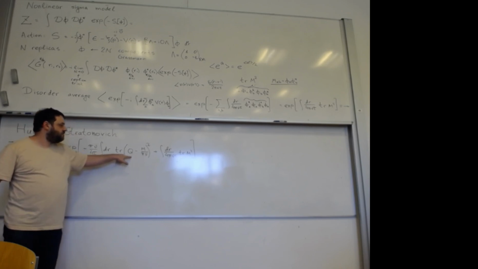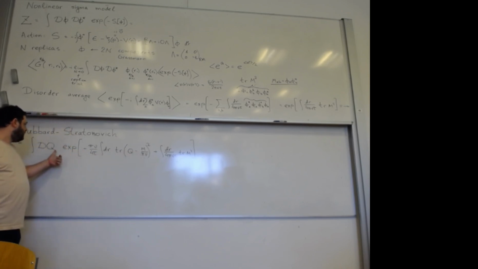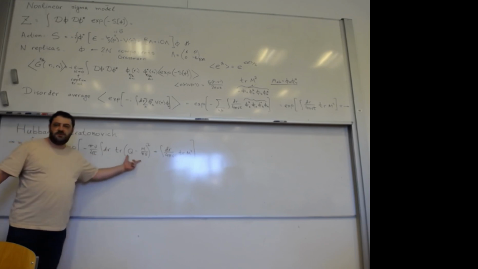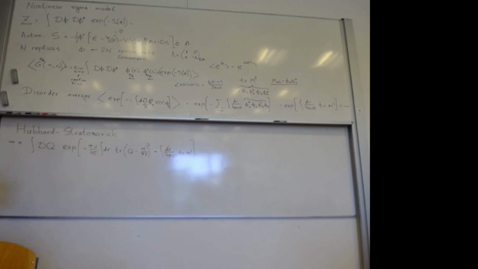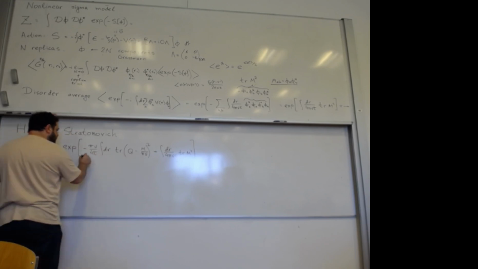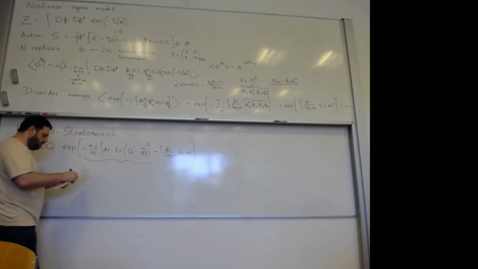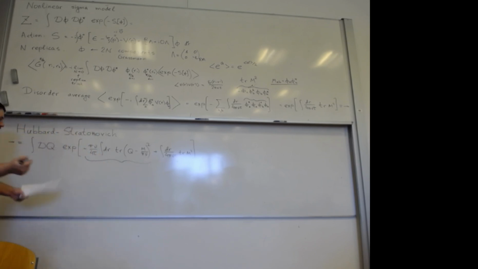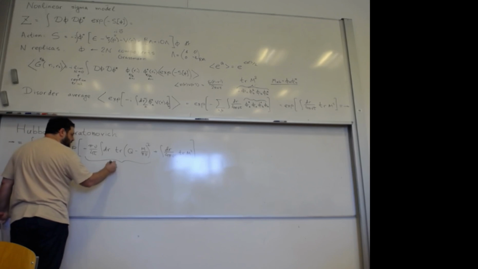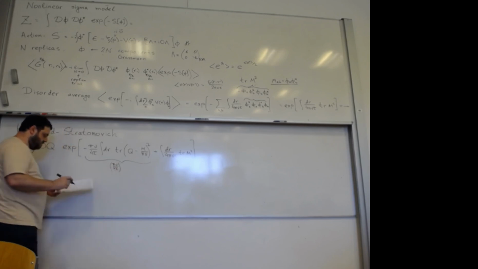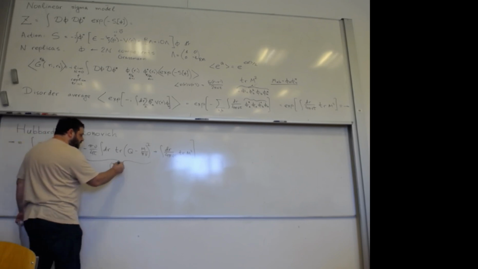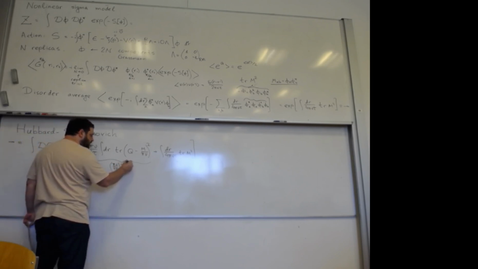This is just a shift of the variable, so if I shift q by this amount, it will be completely independent. And this integral, just of this exponent here, over q, is a number, as I said, and the number is pi nu over 4 tau to the power minus n squared over 2.